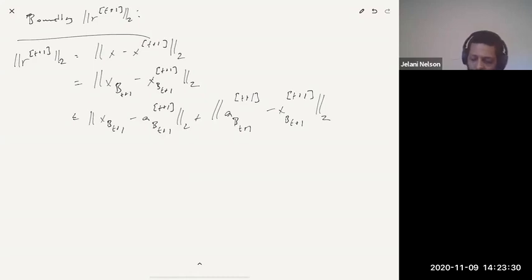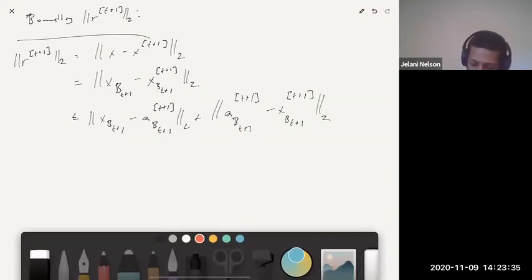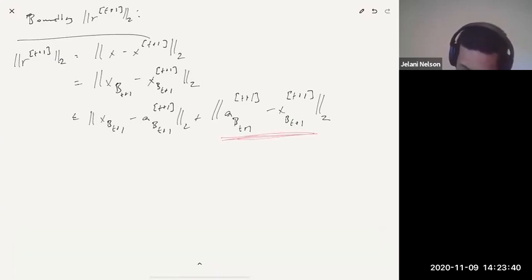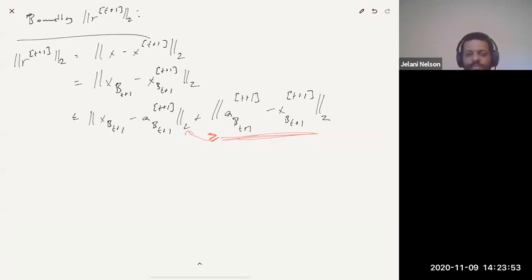Now, I claim that, first of all, this is smaller than this. So the inequality goes something like this: the second summand is smaller than the first summand. So why is that? When you apply the hard thresholding operator, you get the best k-sparse approximation of the input.